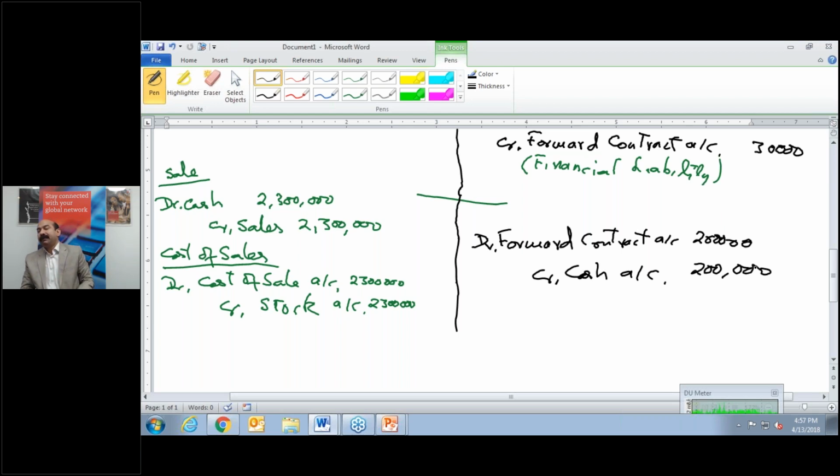So you could have made 300,000 profit. But because you entered into a hedging arrangement, a gain in this market was offset by the loss in your future market. But of course, in this case they do not match exactly. So that's why you are only able to make a profit of 100,000.